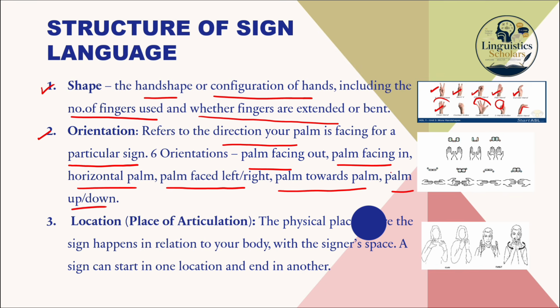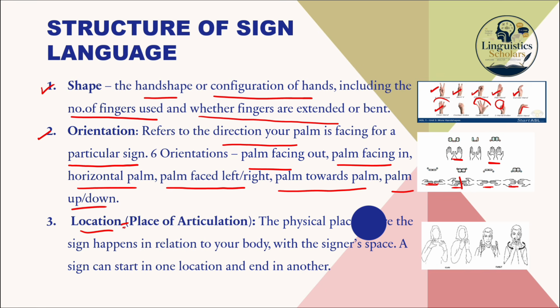As you can see here, they are facing each other, but horizontally, facing each other in reverse. Here they are in front of you, close together, and flat. These are the orientations of the hands, 6 orientations, and this refers to the orientation structure of the sign language.